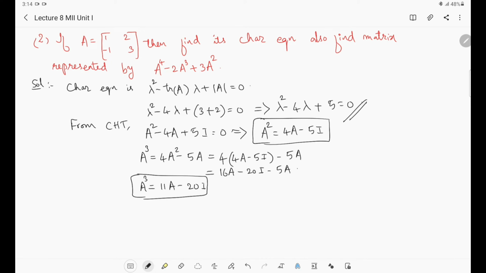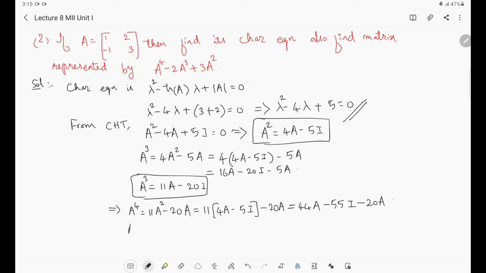The same way, now we need A to the power 4. For getting A to the power 4, multiply this complete thing with A. Then what will we get? A to the power 4 equal to 11A squared minus 20A, right, which is equal to 11 times A squared, and A squared is 4A minus 5I, minus 20A, which is equal to 11 into 4 is 44A minus 11 into 5 is 55I minus 20A.